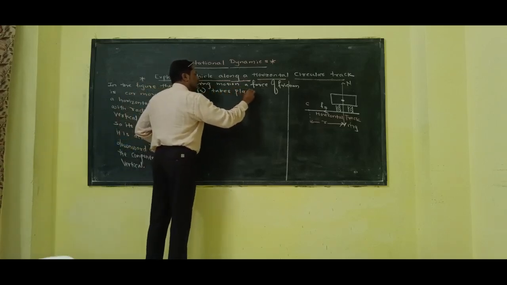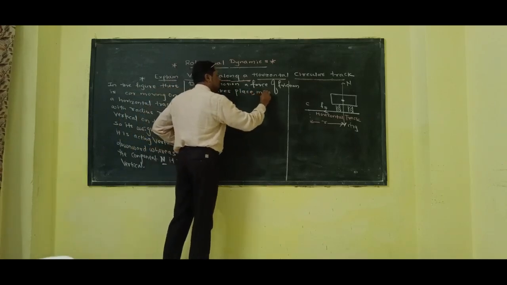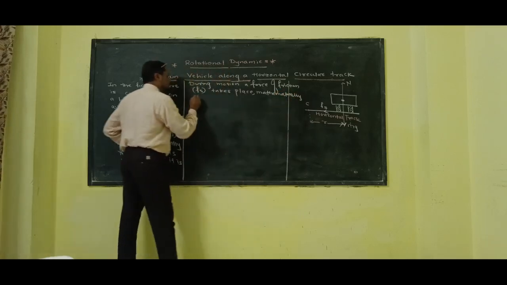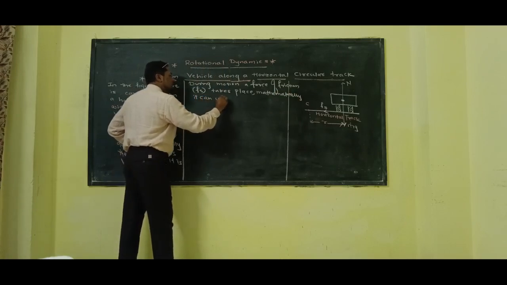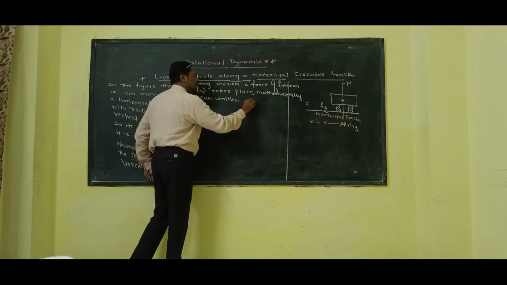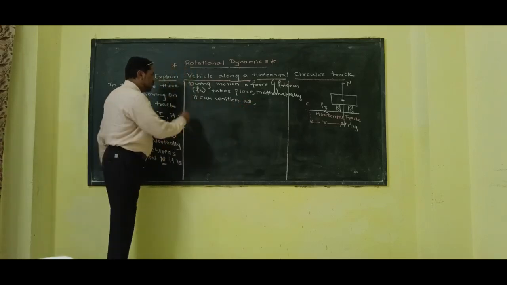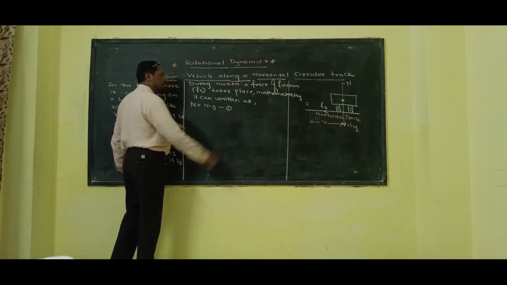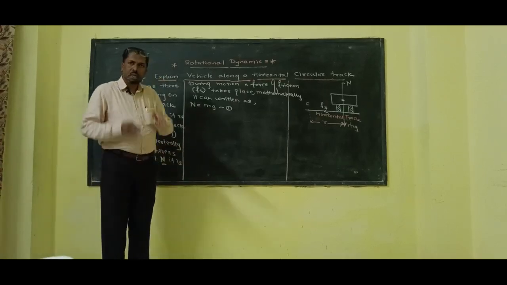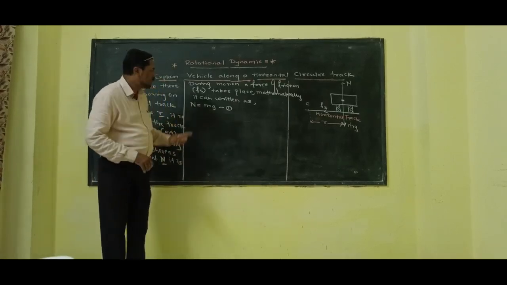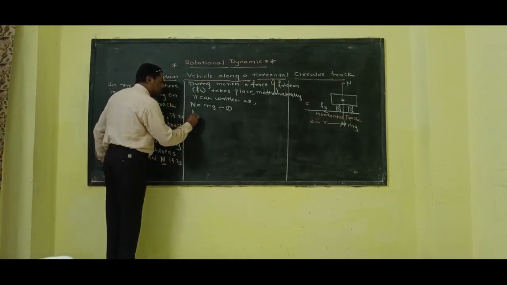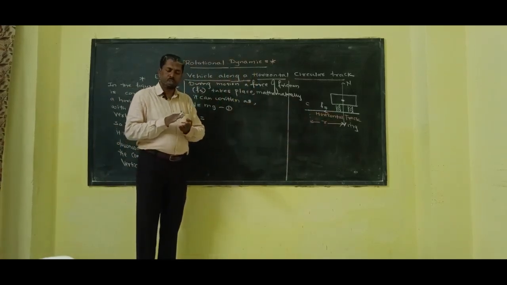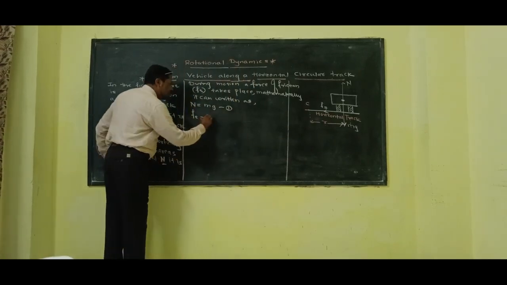Mathematically it can be written as, the normal N is balancing the weight mg. That's why N is the normal reaction and it is balancing the weight, so N is equal to mg, equation number one. Whereas the force of friction Fs is the component which is useful for centripetal force.